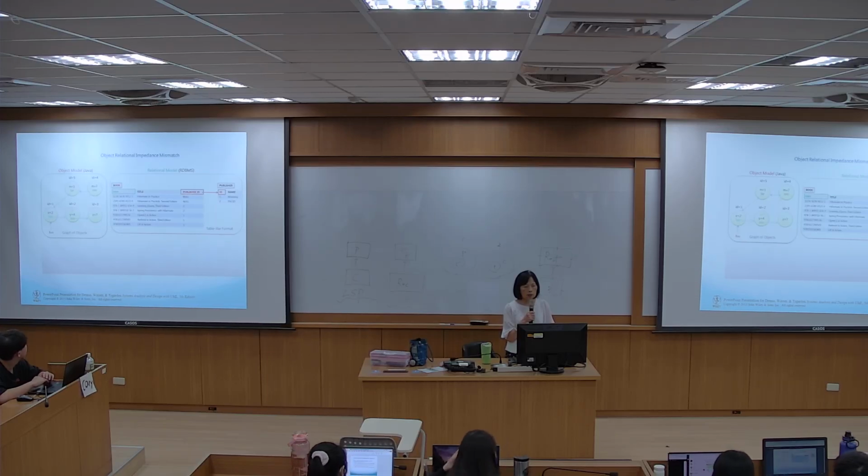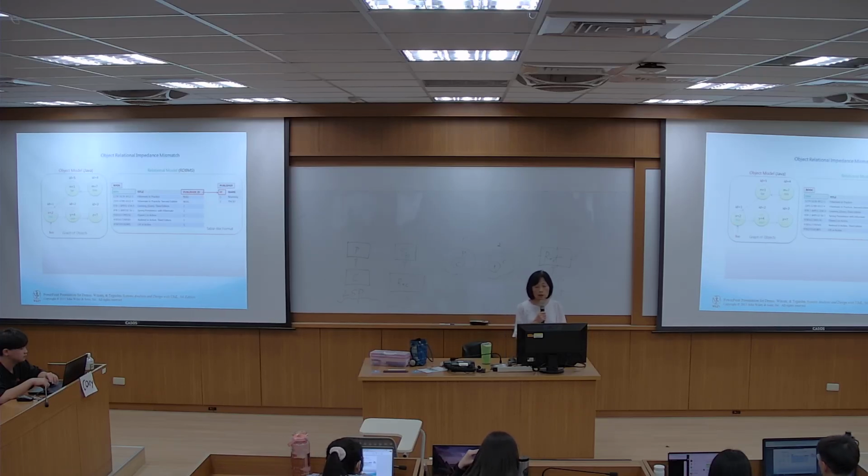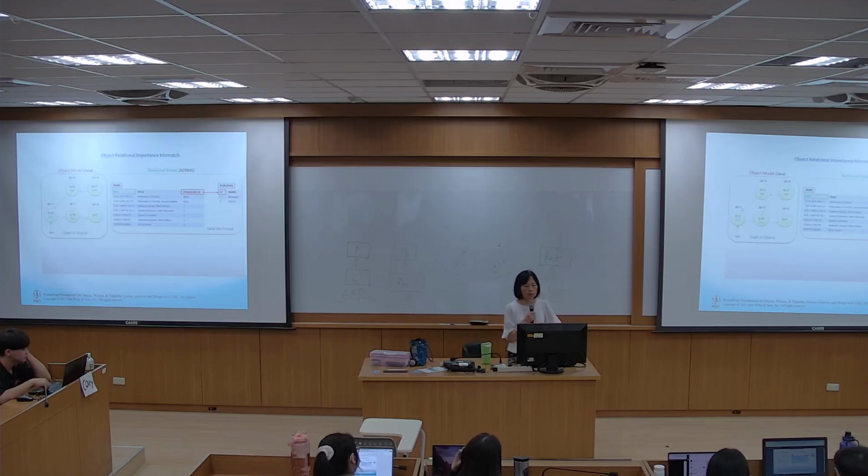Here is the object model, a graph of objects. It shows that we have 5 objects: ID1, ID2, ID3, ID4, ID5. If we use a relational database, then we have 5 records.